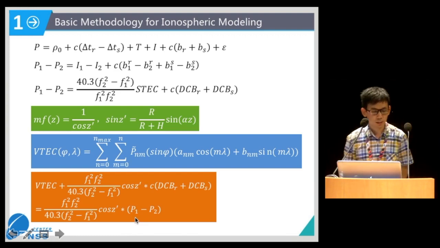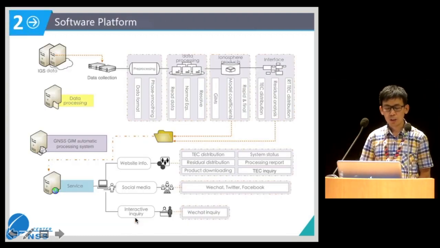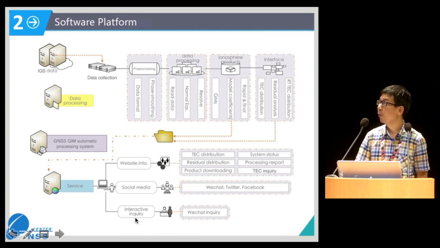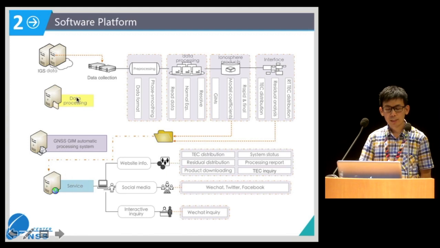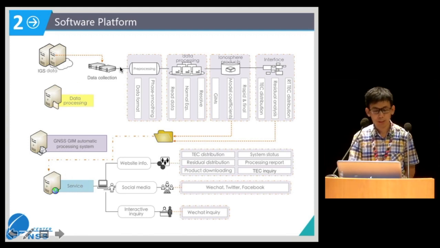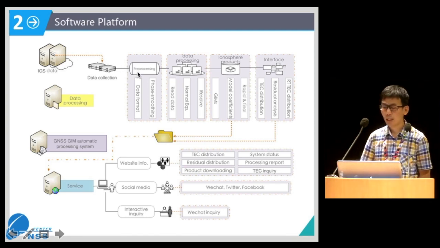Based on the above methodology, we have developed the software platform, which can be mainly divided into 2 parts. Firstly is the data processing, and secondly is the service part. In the first part, the data of dual frequency observations are downloaded from the IGS server, and then we perform the data pre-processing to detect the cycle slips as well as the outliers.